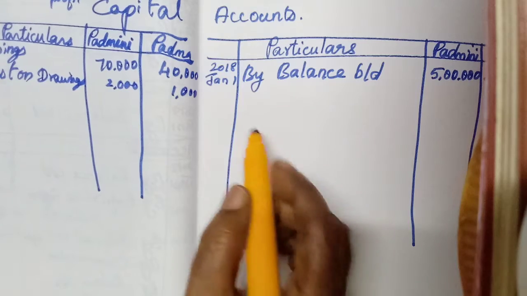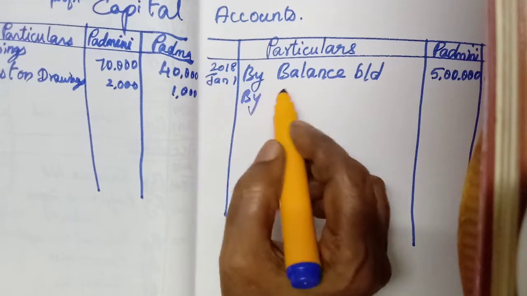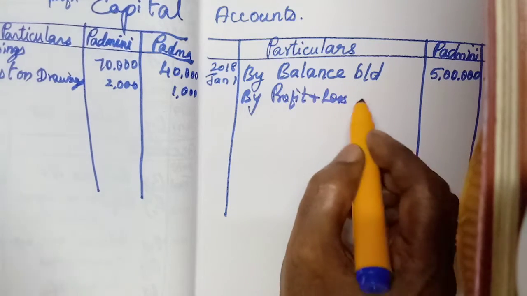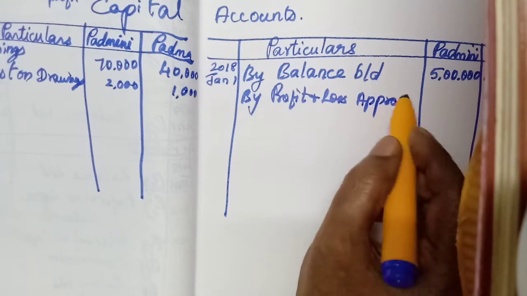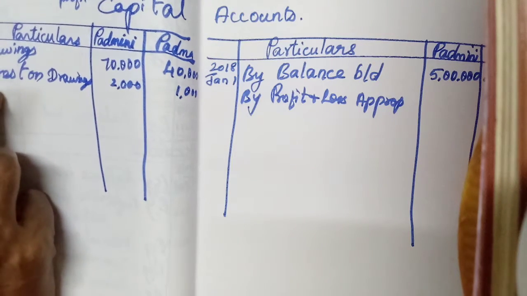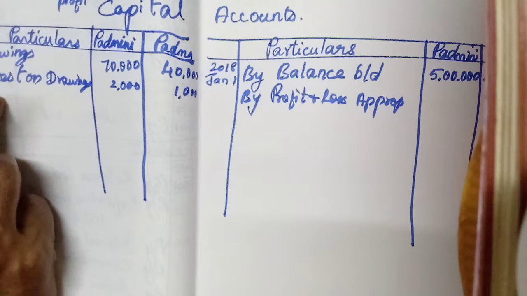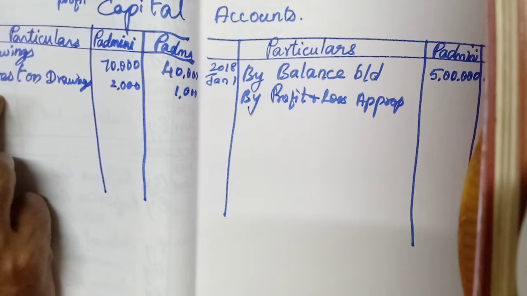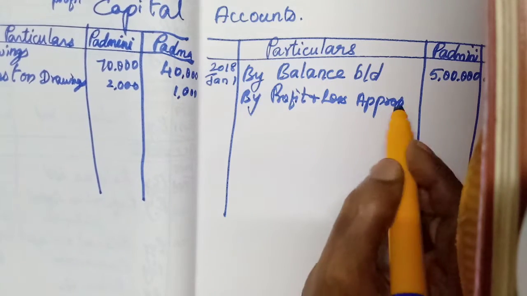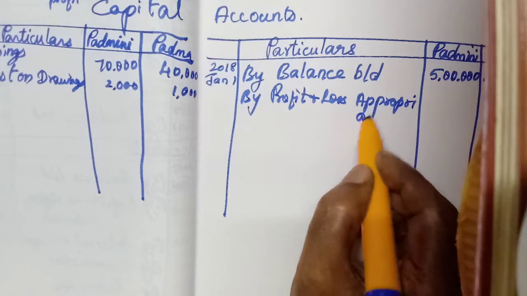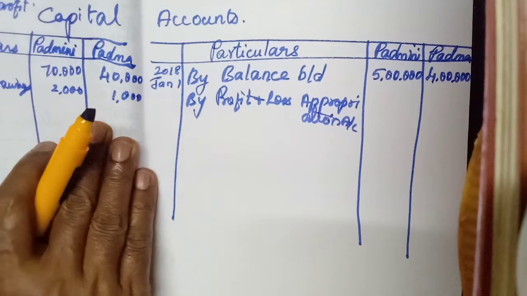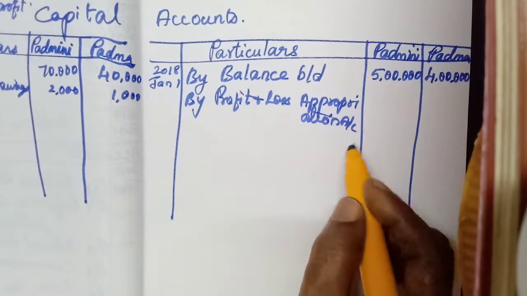Then share of profit. We have to write on the credit side by profit and loss appropriation account. Both the columns we have to write the amount, 52,000, 40,000.